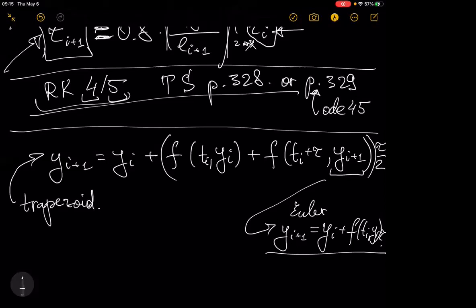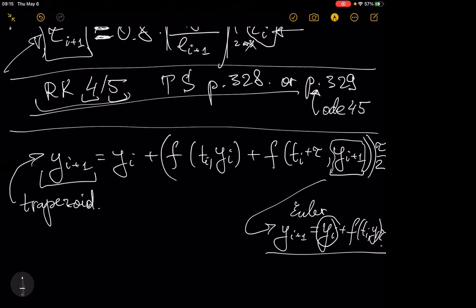But now I can say the following. This is the so-called explicit approach, as I explained before, when you know explicitly how to compute this using just y_i.